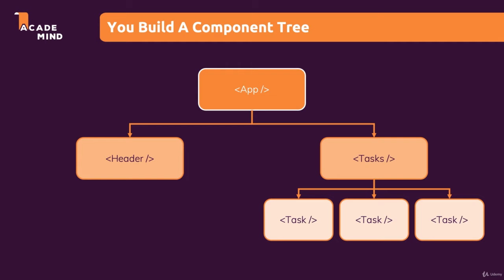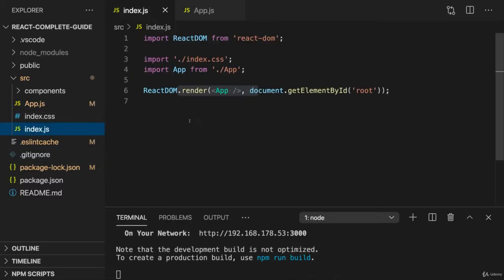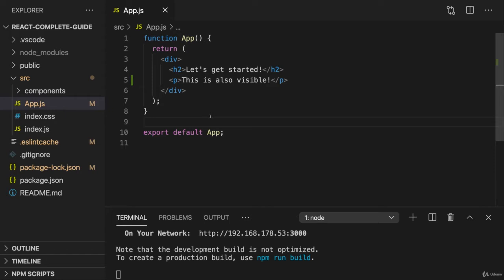Big applications, therefore, can result in quite big component trees, where only the topmost component is rendered directly into the HTML page with the help of that ReactDOM render instruction. All the other components will not be rendered with this instruction, but instead will be used as regular HTML elements inside of our components. But you'll see that all in action in a second.